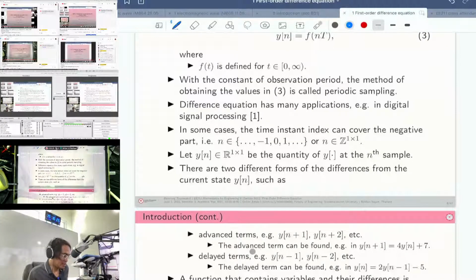For the delay terms, we have yn minus 1 and yn minus 2, and so on, until yn minus infinity. The delay term can be found from yn equal to yn minus 1.